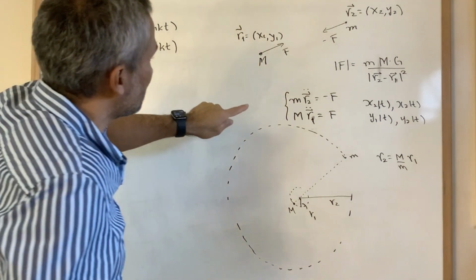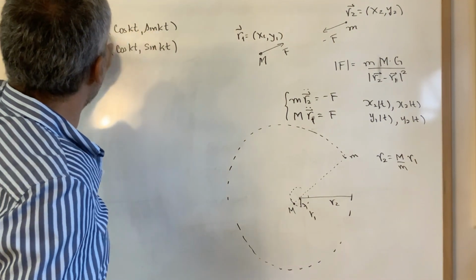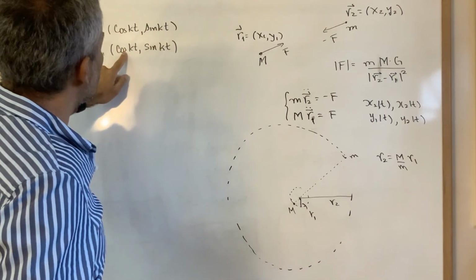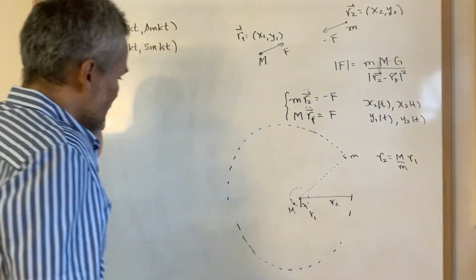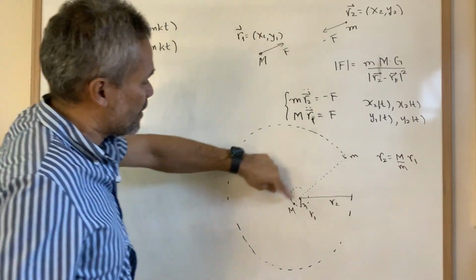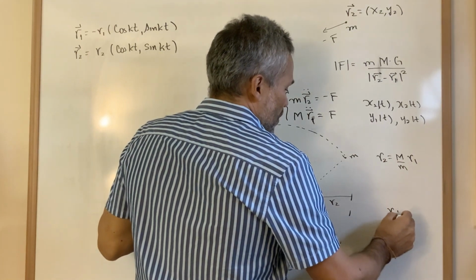Then we can check that these four functions, x1, y1, x2, and y2, satisfy this differential equation. Notice that the distance between the two bodies is always the same, it is R1 plus R2.